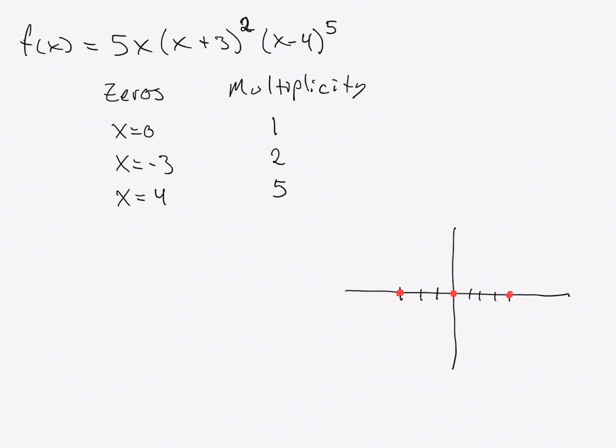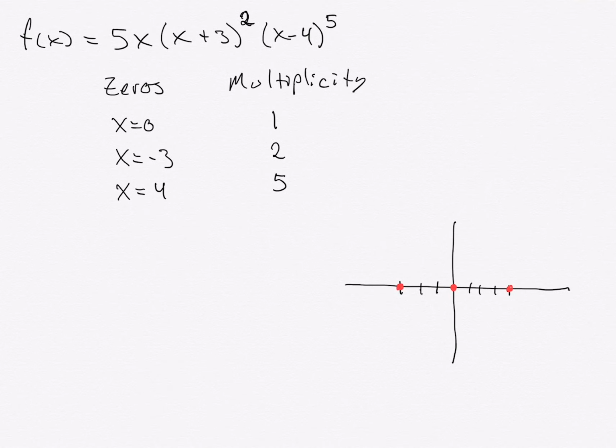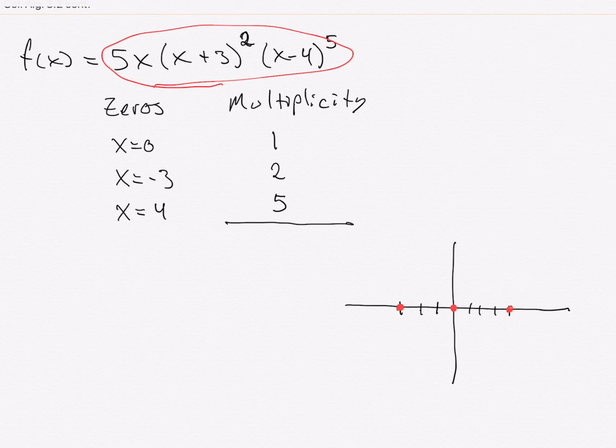Now the degree of the entire polynomial can be found by adding the multiplicities. If we were to take this entire polynomial and multiply it out, we would have an x to the first power times, eventually we would have an x squared, eventually we would have an x to the 5 after multiplying that out, and x to the 1 times x to the 2 times x to the 5.